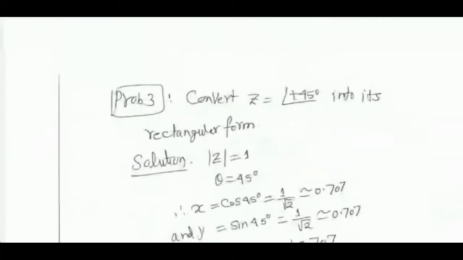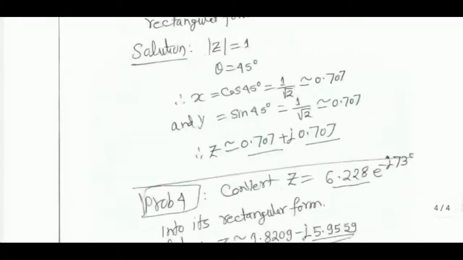Problem 3, z equal to 1 with angle of plus 45 degrees. That means the magnitude of z is 1 and angle is 45 degrees. So in this case, real part and imaginary part are both equal to each other.